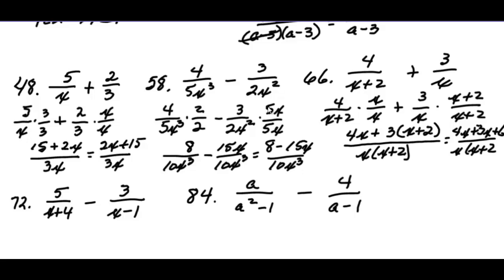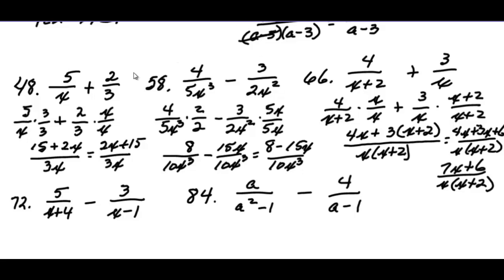We can combine those like terms and we get 4x plus 3x gives us 7x plus 6 over x times x plus 2. Now we weren't able to reduce those down to anything more simple than that, but at least we were able to combine those. And so if you understand that, you understand the process.